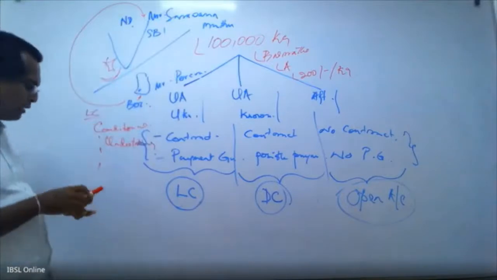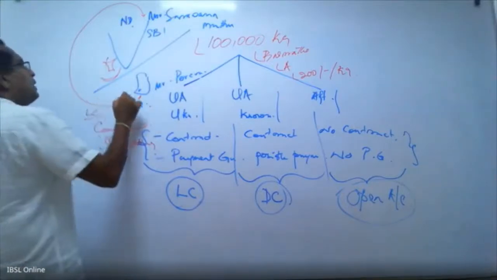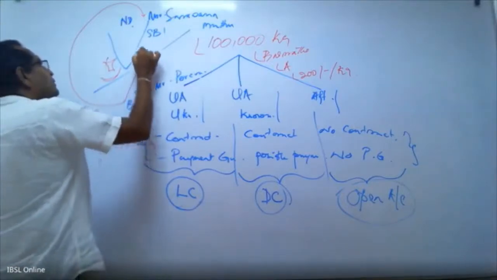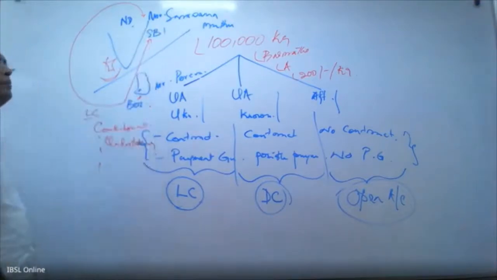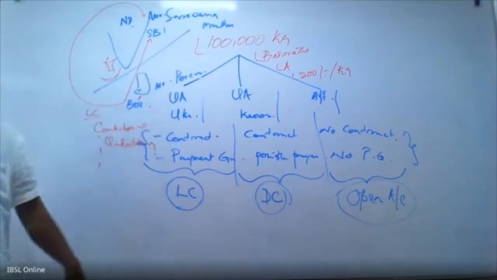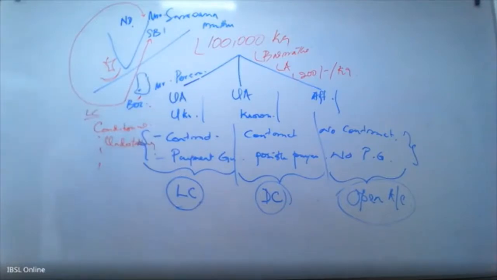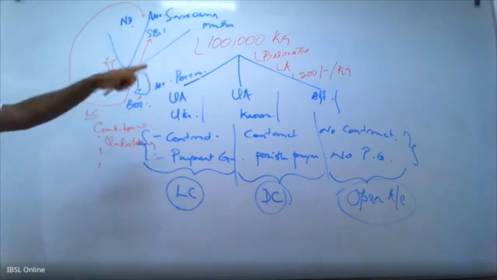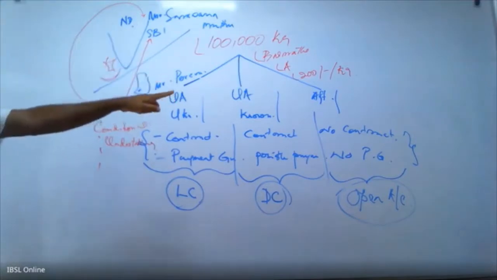So what the Bank of Ceylon does, Bank of Ceylon will inform the correspondent bank, State Bank of India, to tell Mr. Saravanamuthu there is a person called Mr. Pereira who would like to buy Basmati A grade 100,000 kilos at this price.